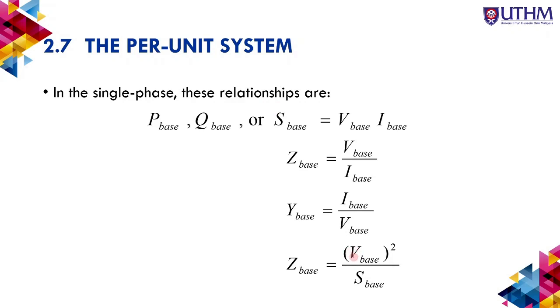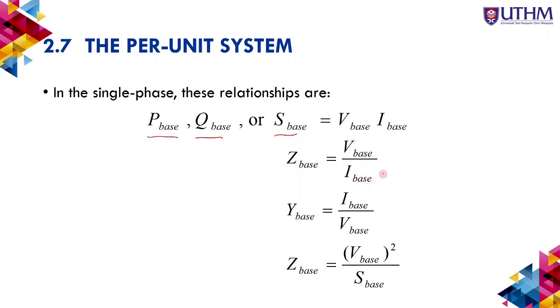Okay, so in the single phase, this relationship, kita ada real power, reactive power, and then apparent power. So all together are equal to V base I base. And then Z base equal to V base divided by I base.